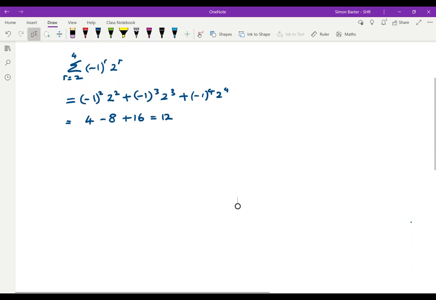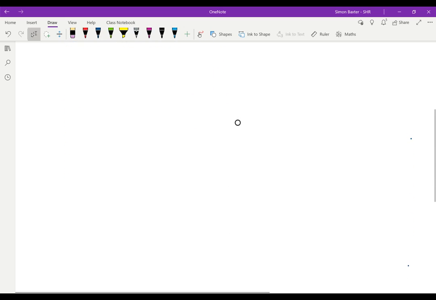Now let's look at one or two standard results. Let's take, for starters, one that you've met before. S equals sigma, r equals 1 to n, of r. What's that going to be? If I put r equal to 1, I get 1.